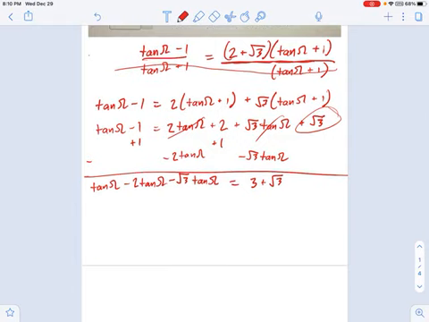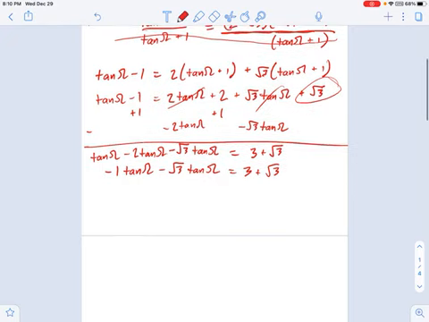Tangent minus 2 tangent is going to be negative 1 tangent omega minus radical 3 tangent omega equals 3 plus radical 3. And now what you're going to do is recognize that you have a GCF, a greatest common factor that you can pull out, called tangent. And what's left behind? Negative 1 minus radical 3.